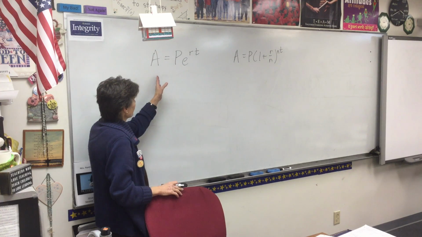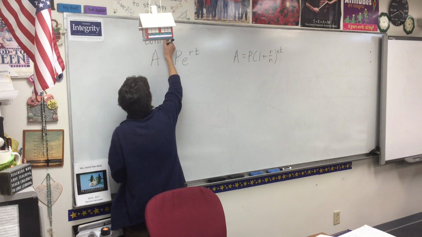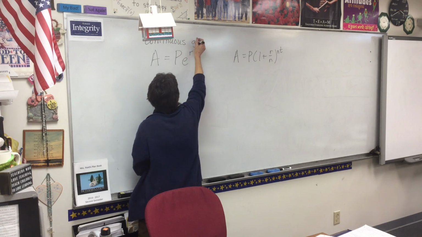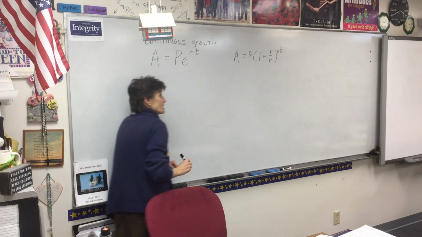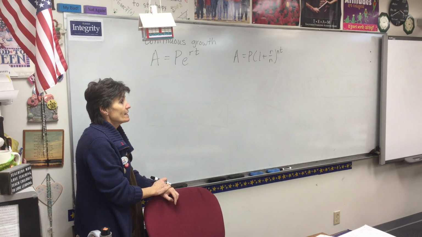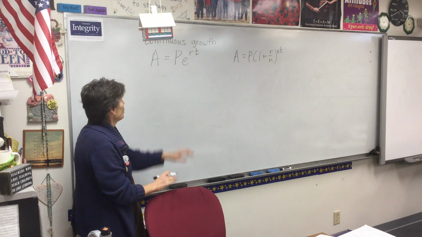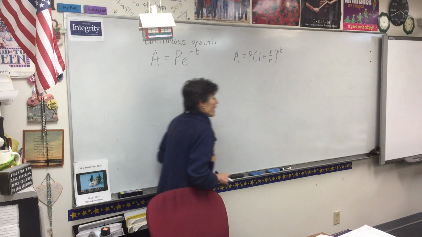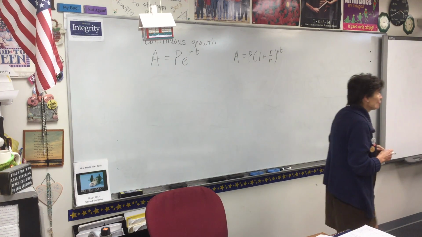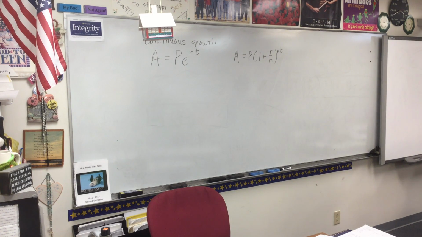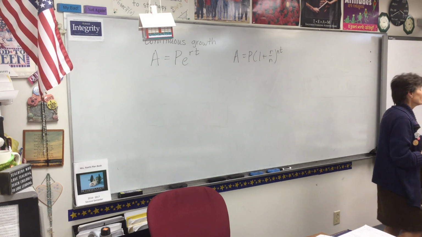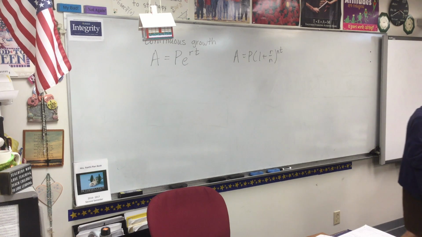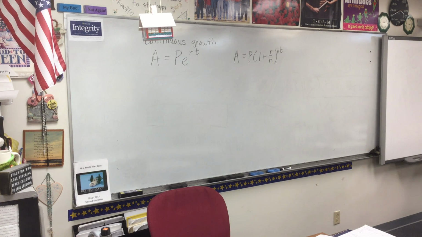This formula is called the continuous growth formula. So this formula is going to be used in any type of problem where the word continuous is mentioned. So for example, you deposit your money in a bank where interest is 2.3% compounded continuously. That would be your formula. So if the word continuous is there, that's the formula. It is also the formula you're going to use for any kind of natural or nature type problem.